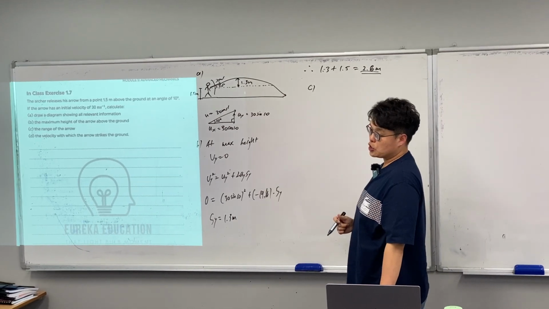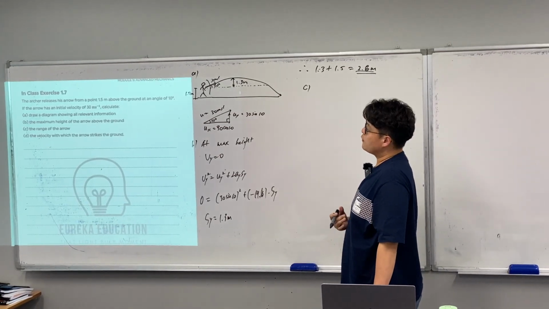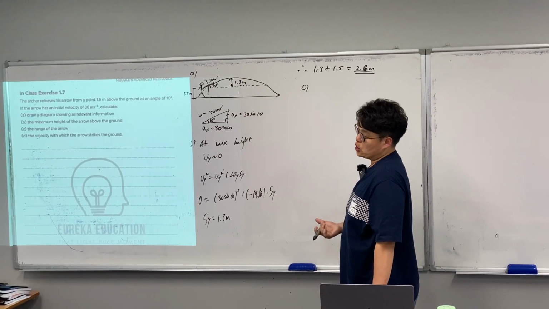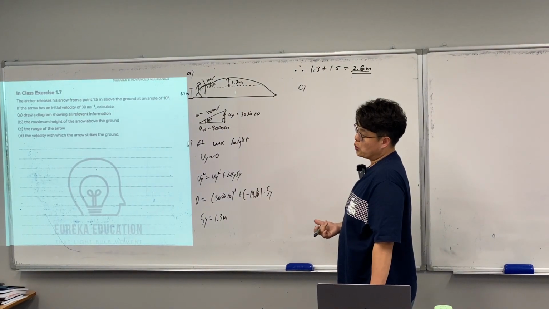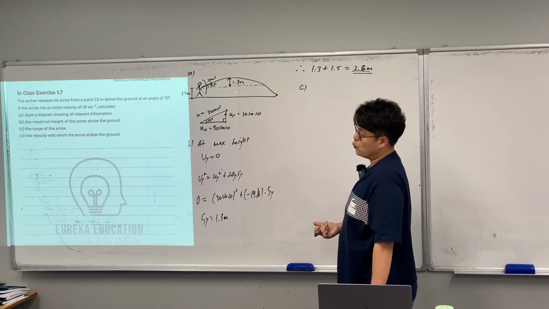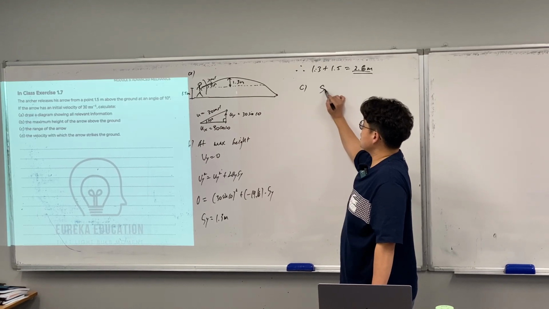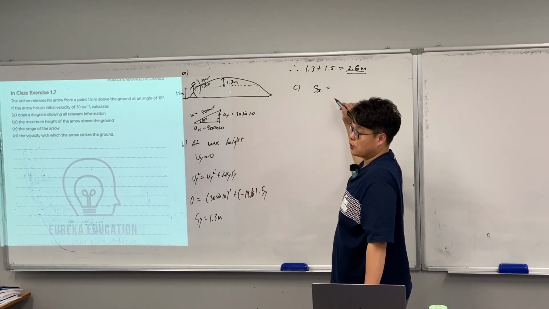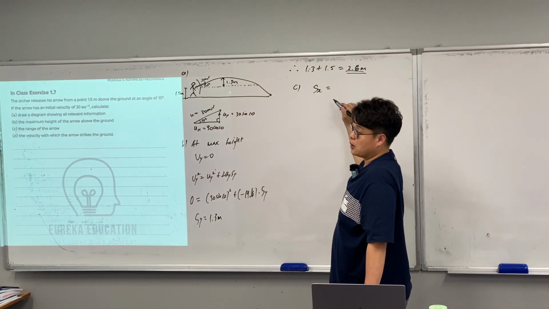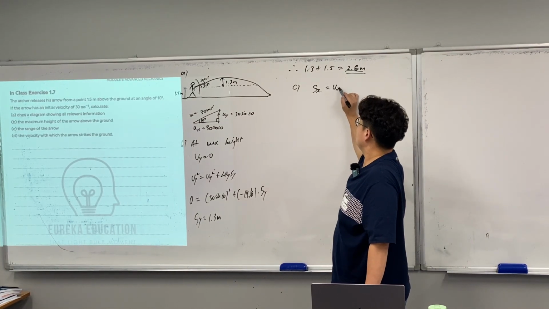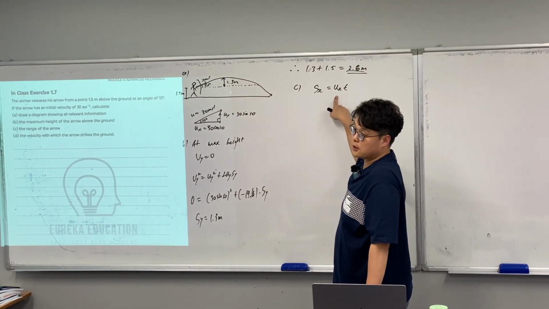Let's do the range. Joseph, what do we need to know to find the range? What is the formula for the range? Sx equals Ux t. Now, do we know Ux?